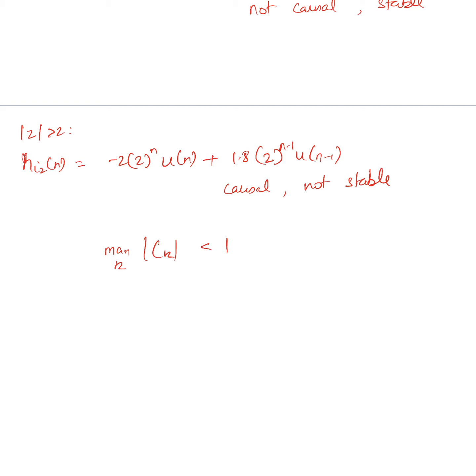In that case it would be stable and causal also. That is for the stability. And for causality, what do we want? That mod Z should be greater than the maximum of mod ck over k.